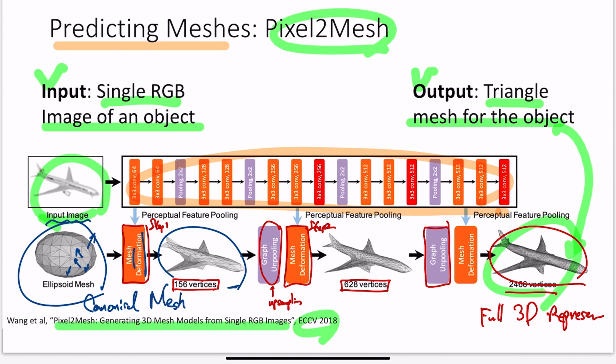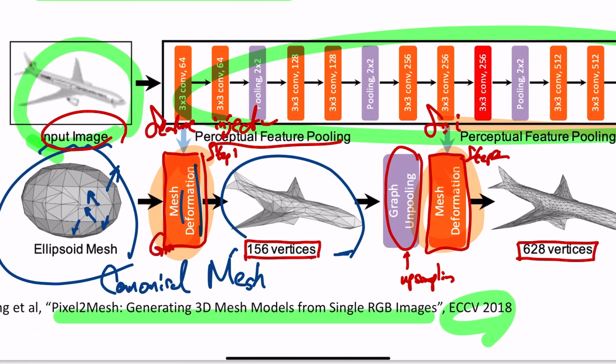So here is the graph convolution network, and this one is going to be the 2D feature representation extracted from the input image. So it is a feature injection applied to the graph convolution network in the mesh deformation.